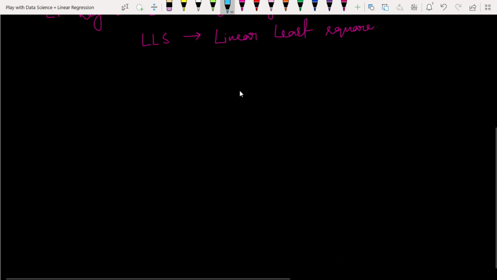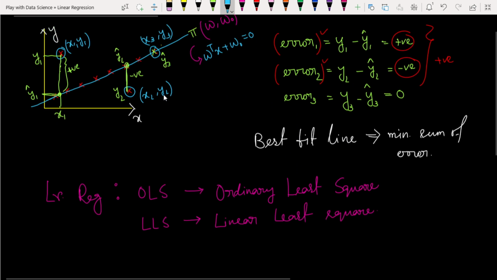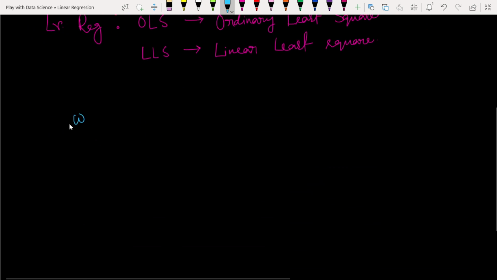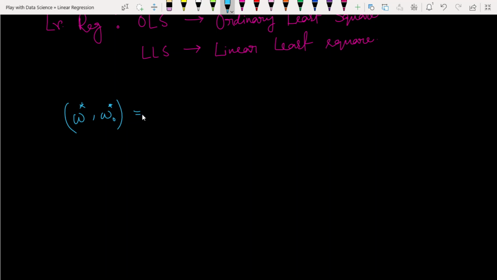Now we have to find the best W star and W naught star, the intercept.